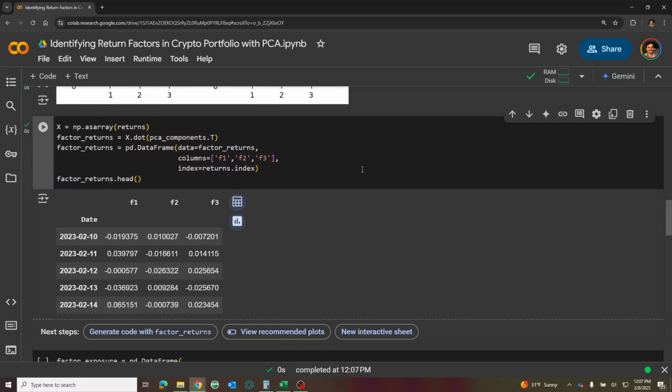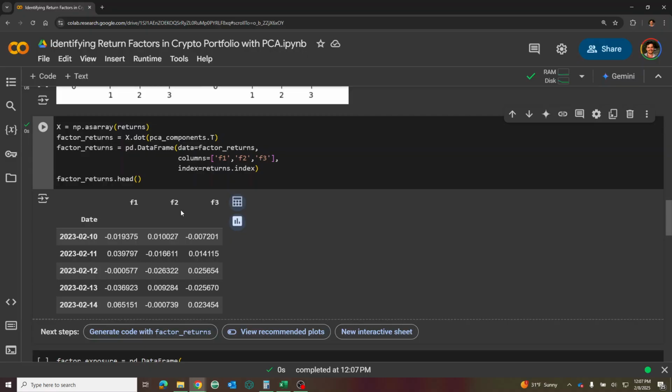This is always the cell I have the most difficult time explaining, but we are taking the returns and we are also taking our components and we are mapping on the dates to the components as the returns. So these are the returns taking into consideration the factor for this date on this factor, right?